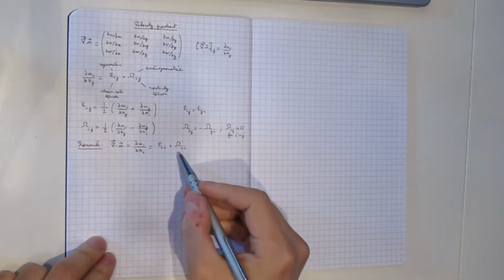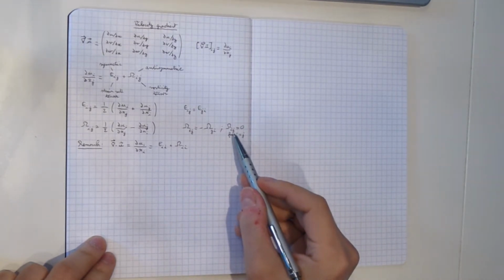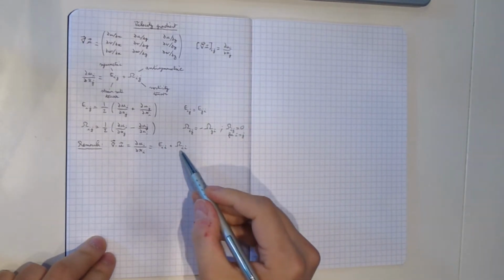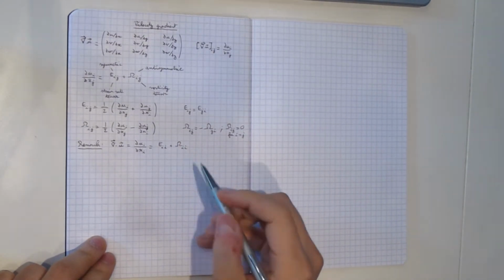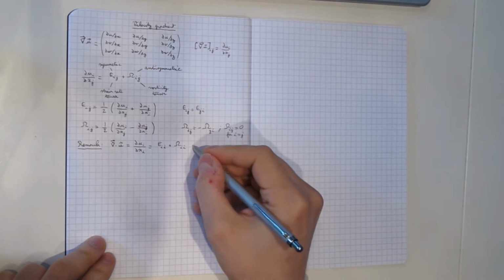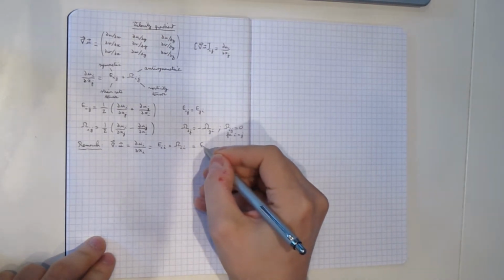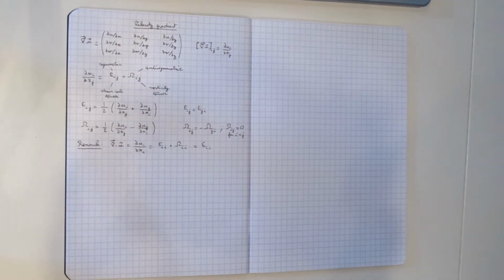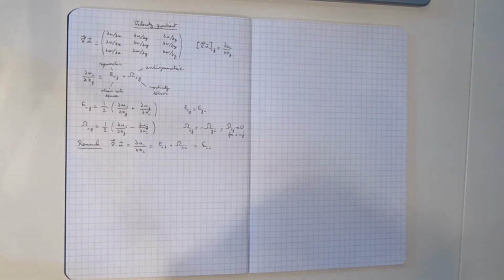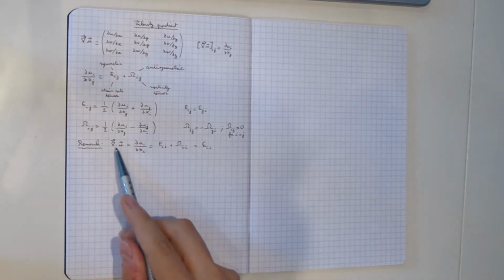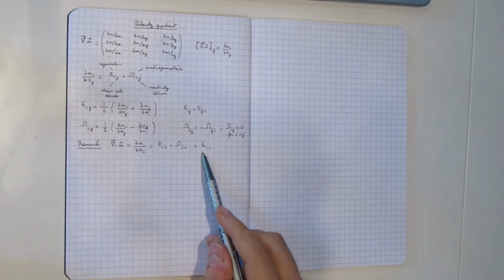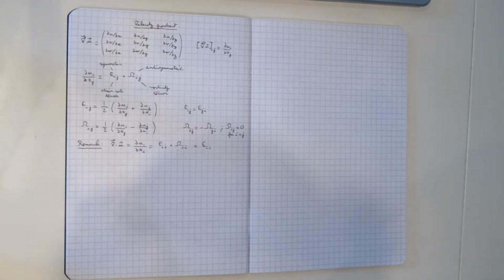But in fact, because omega ij is 0 for i equals j, this term is always going to be 0. All the components of the summation are 0. And so the contribution from the vorticity tensor to the divergence of the velocity is 0, and therefore the divergence of the velocity is entirely contained within the trace of the strain rate tensor.